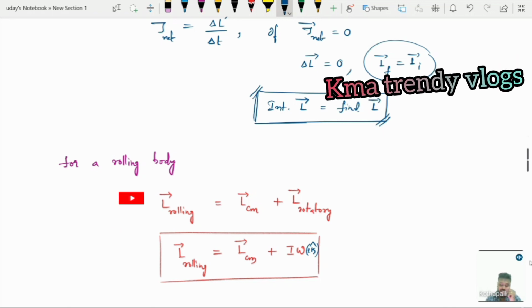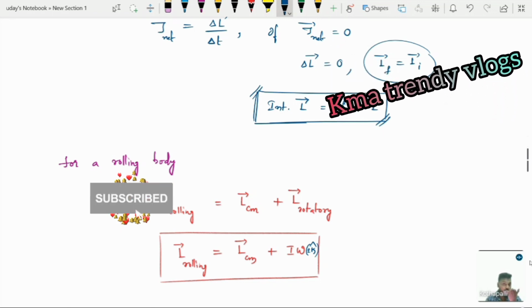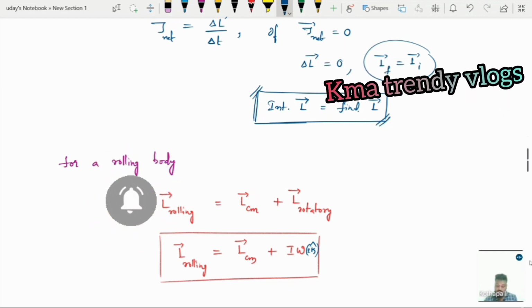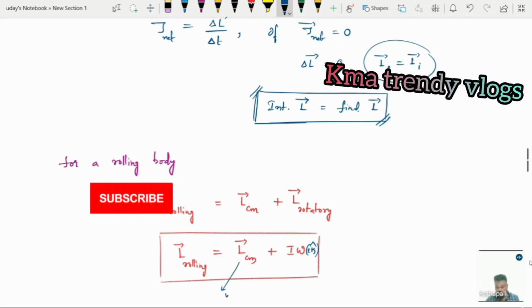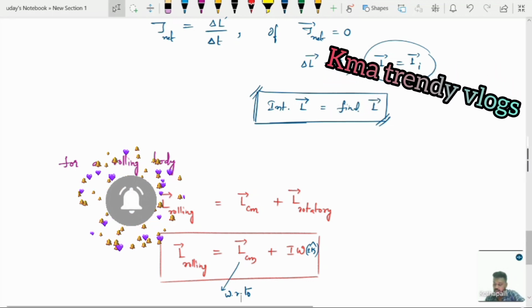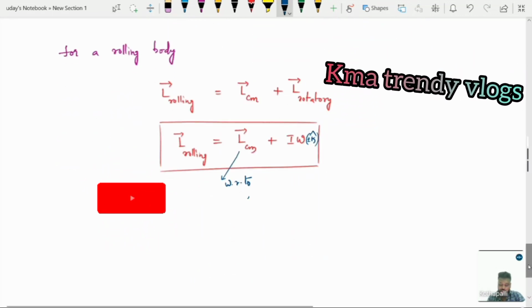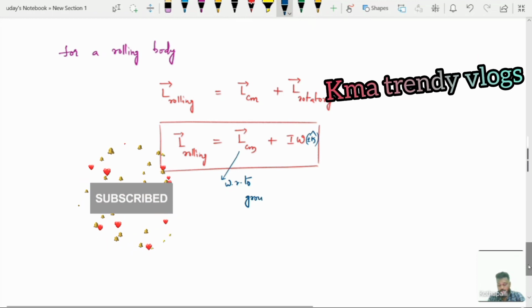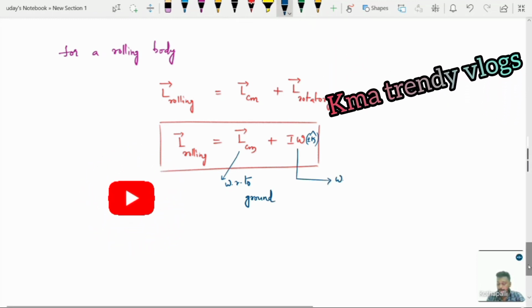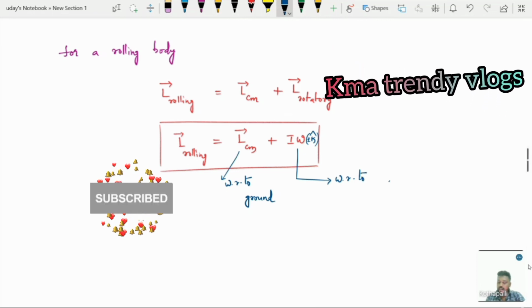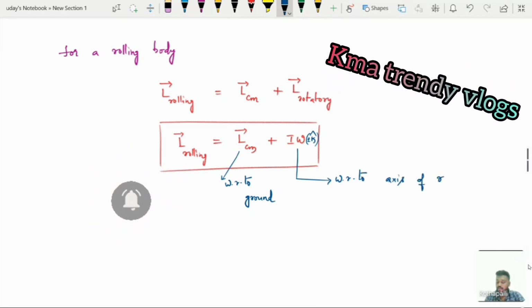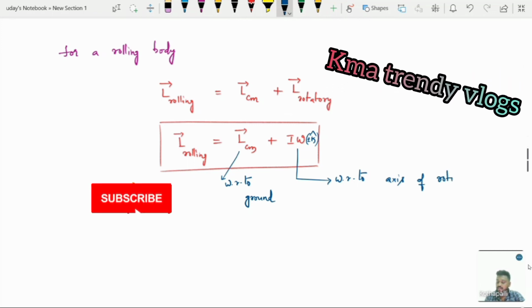And when you are calculating the angular momentum of the rotatory part, that must be with respect to the axis of rotation. Very important.